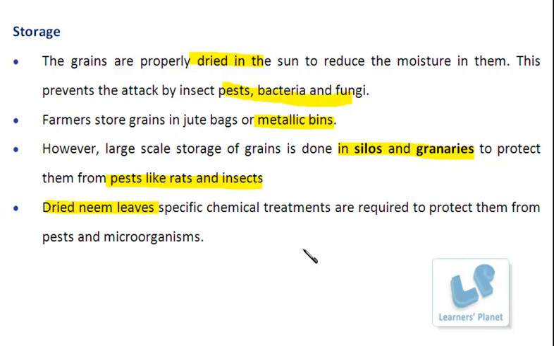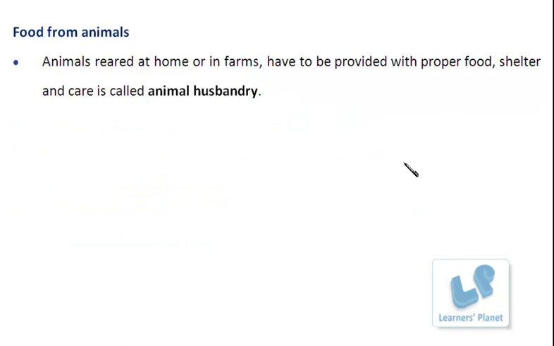The other way is to obtain it from animals. If the food is to be obtained from animals, then the animals have to be reared at home or in farms. They should be provided with proper food, shelter and care, and the breeding is also properly managed. This practice is known as animal husbandry.